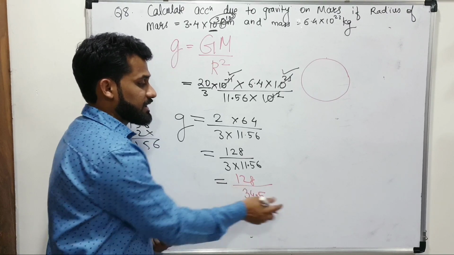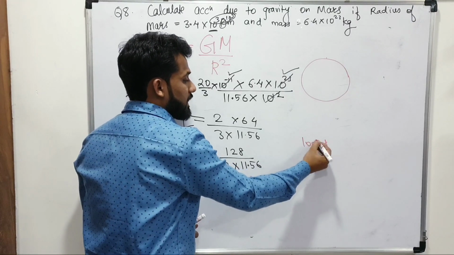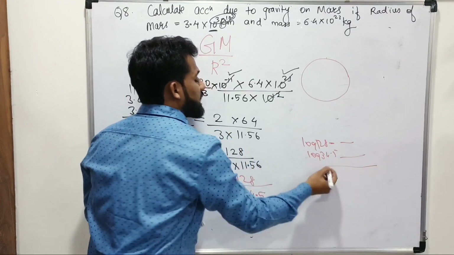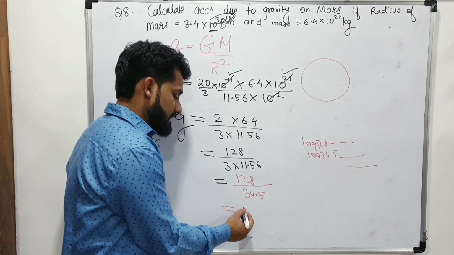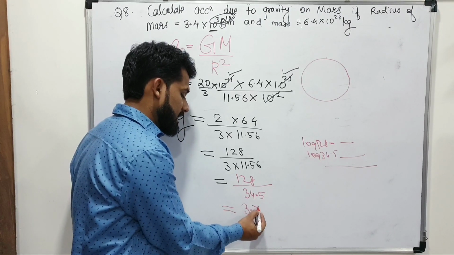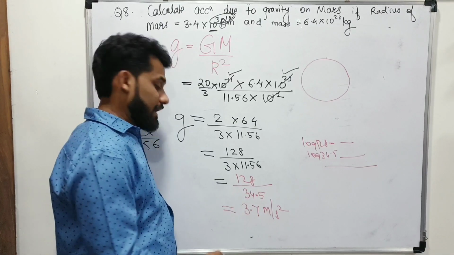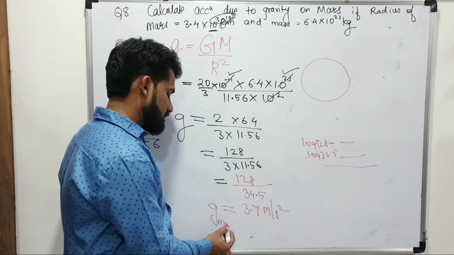On dividing this, log of 128 minus log of 34.5 and taking anti-log, you will get the answer as 3.7 meters per second square. This is the acceleration due to gravity on Mars.